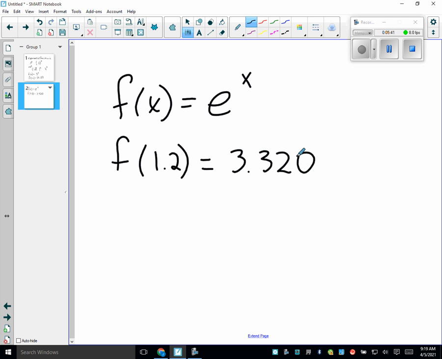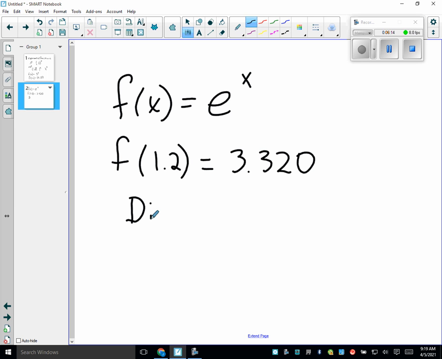It's a curve. Good. Good correction. Now, everybody's looking at it, right? Looking at your graph, can you tell me what is the domain?